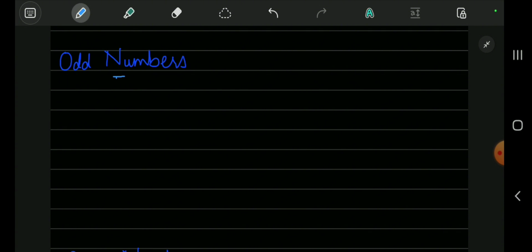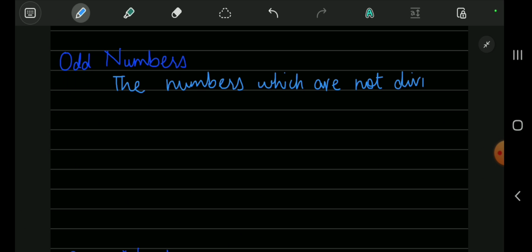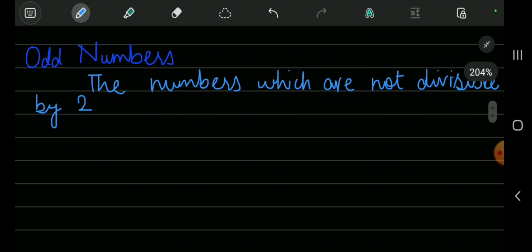So we'll write the numbers which are not divisible by 2, or which cannot be divided by 2, or which are not exactly divisible by 2, are called odd numbers.